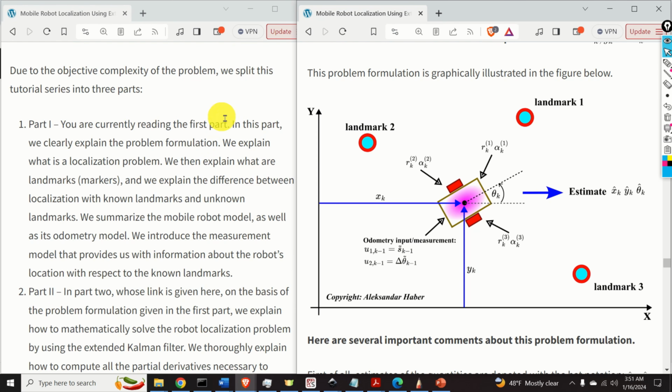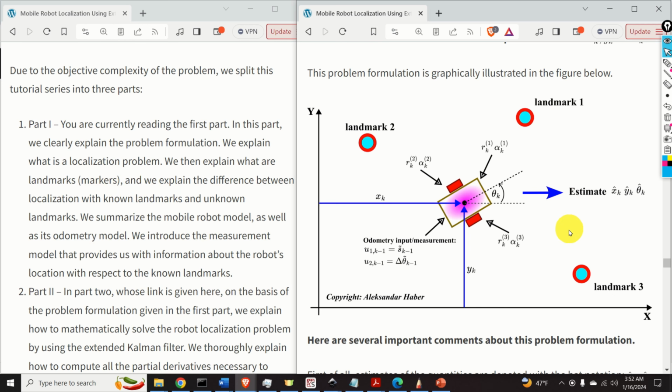Due to the objective complexity of the estimation and localization problems, we split this tutorial series into three parts. Part 1, you're currently watching the first part. In this part, we clearly explain the problem formulation. We explain what is a localization problem. We then explain what are landmarks or markers, shown over here.